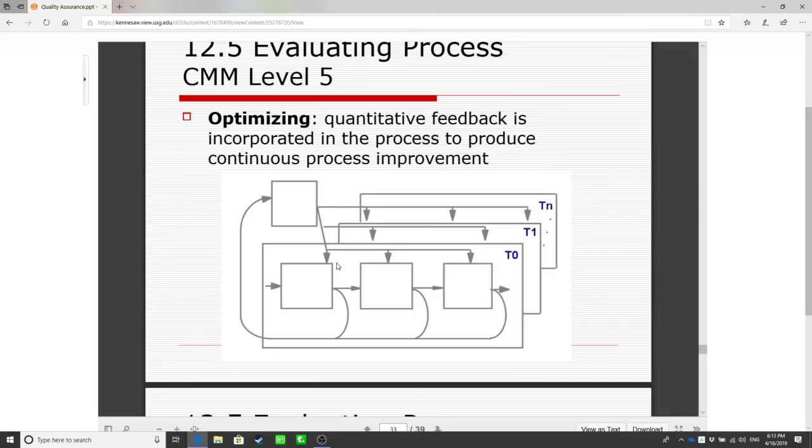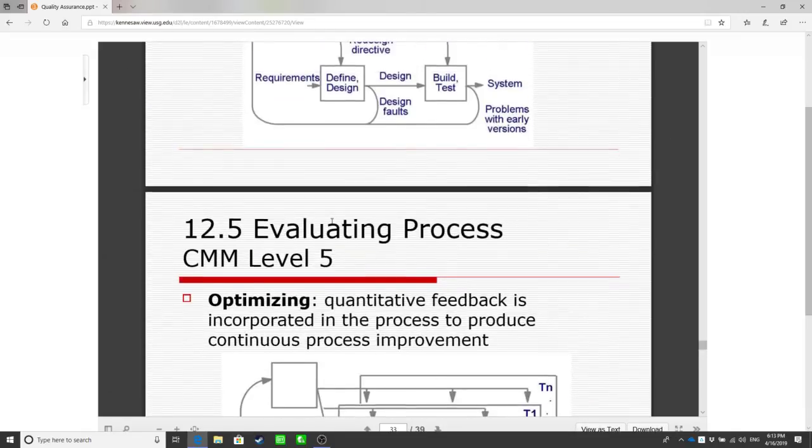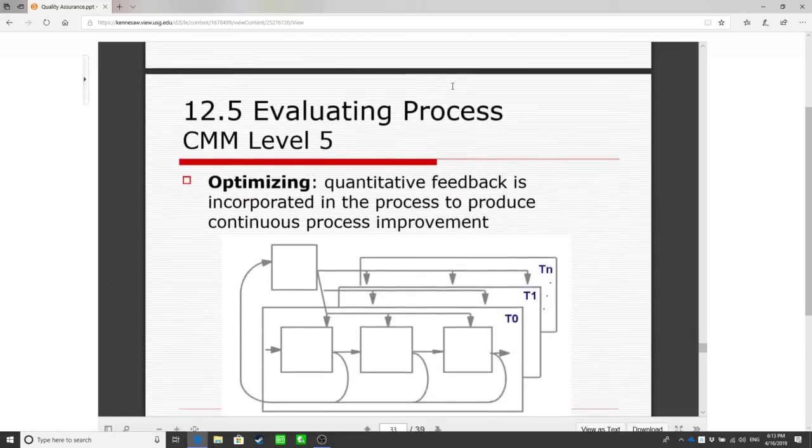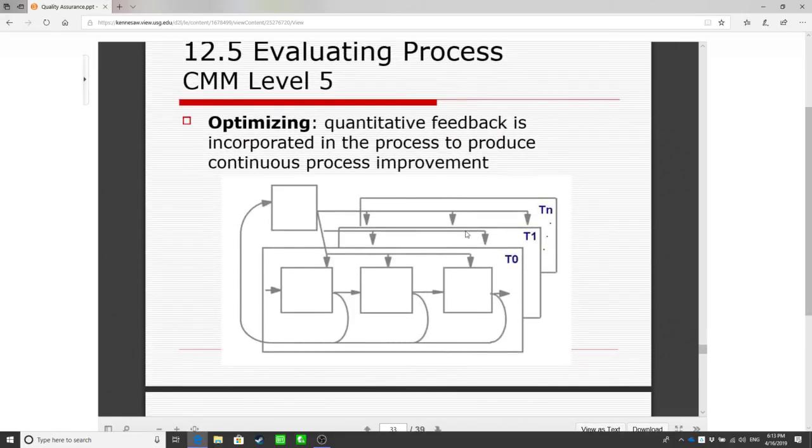But within that loop, the management will change the process of design, testing, coding, integration. So we have a different process, say T0, T1, Tn.